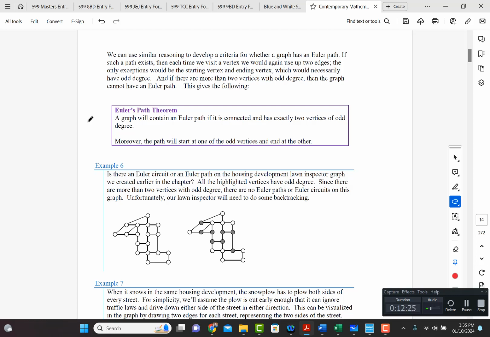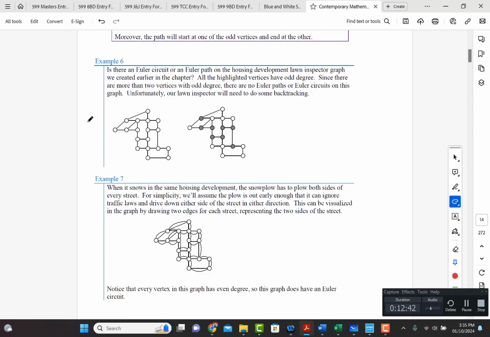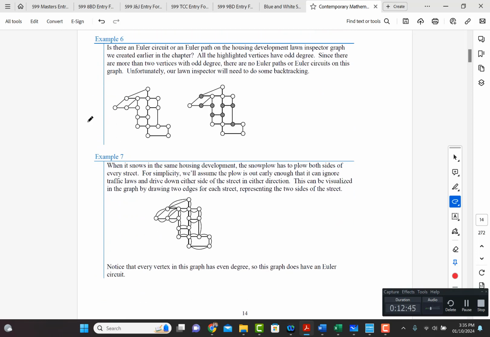Moreover, the path will start at one of the odd vertices and end at the other odd vertex, right? That's obviously a condition too, based on the theorem. All right, so let's look at example 6.